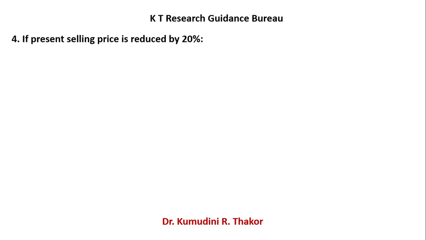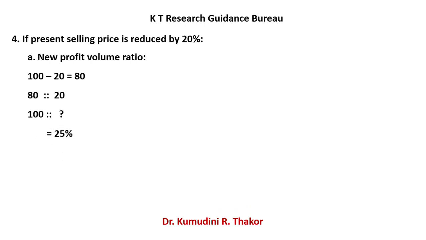Obviously, you are reducing the price. So 100 minus 20 is equal to 80. So 80 equal to 20. Then how much for 100? It will come 25%.